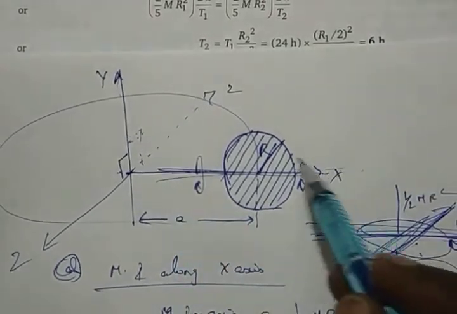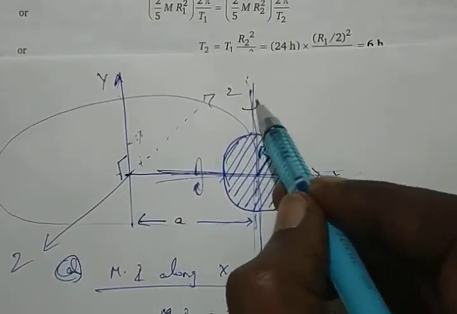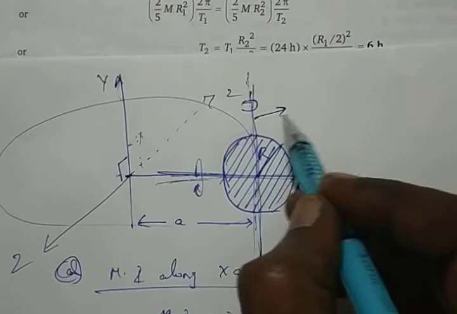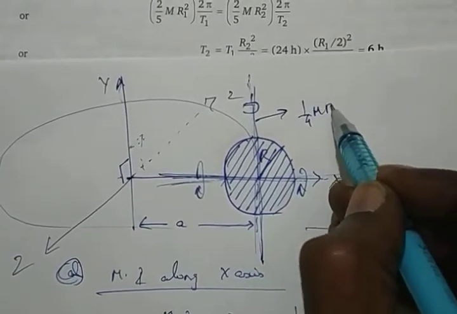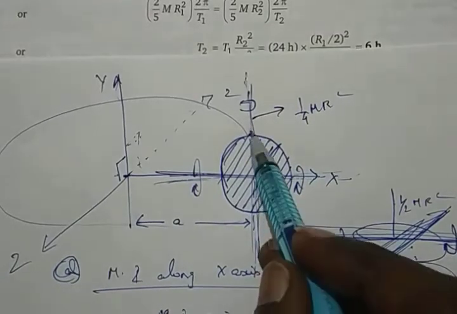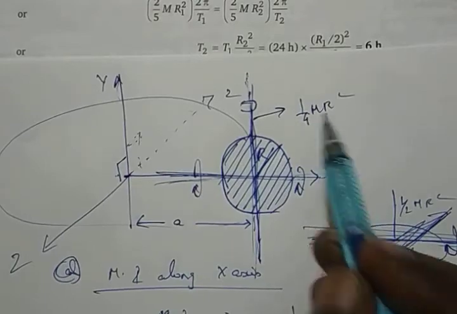Now if this is the case, this particular thing we have found out. This is also the same. What is this one? 1 by 4 mr square we just found out. This is the one along the diameter, it will be 1 by 4 mr square.